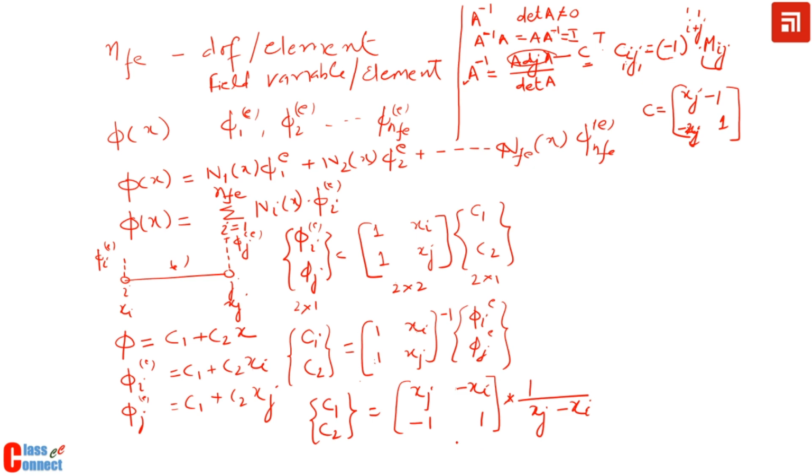So this is what we get, and finally this multiplies the vector of field variables phi i and phi j.